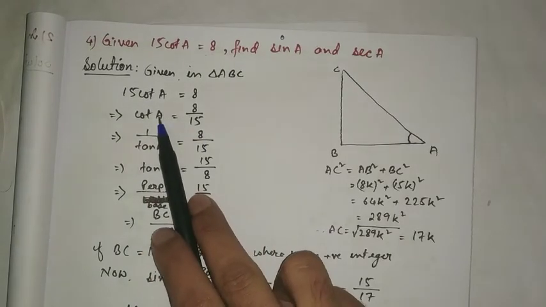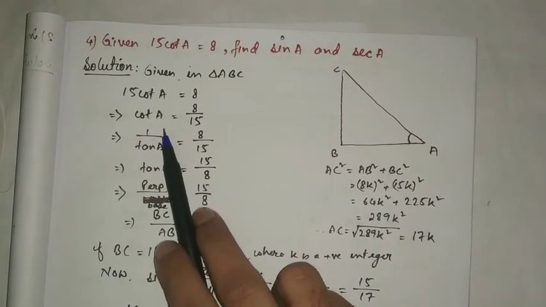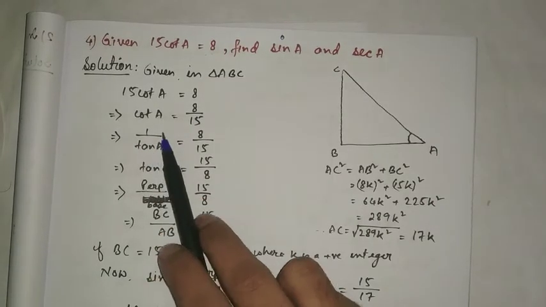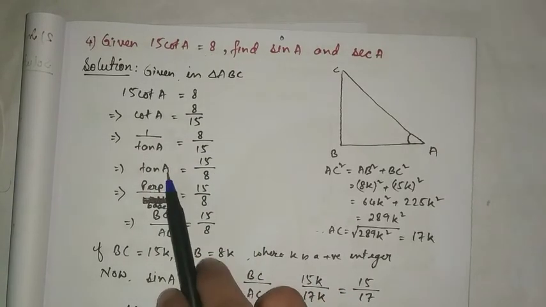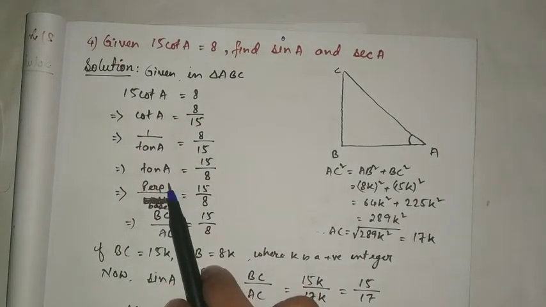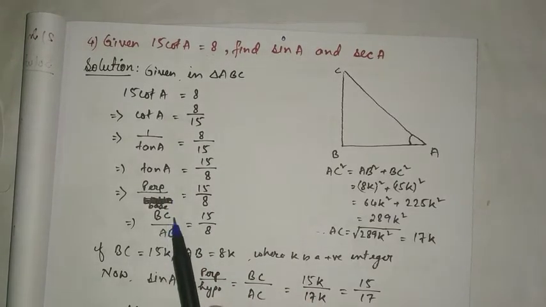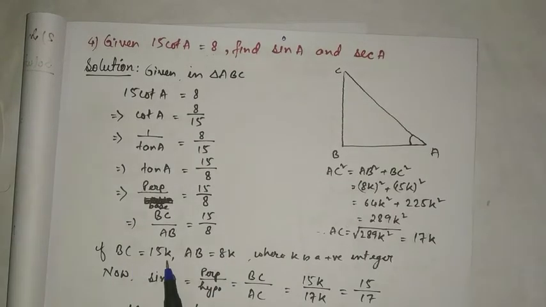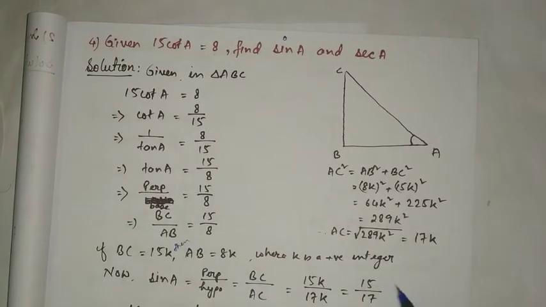And as we know, the value of cot A is nothing but the reciprocal of tan A. So we put cot A as 1 by tan A, and thus get the value of tan A as 15 by 8. Then as we know, tan A is nothing but perpendicular by base, and thus we get BC by AB is equal to 15 by 8, and we take BC as 15K, and thus AB becomes 8K.